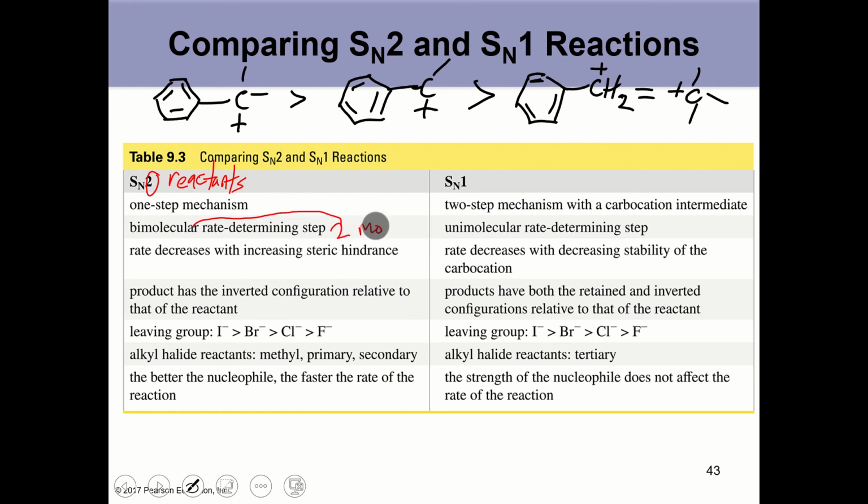Two molecules matter in the rate determining step. The rate decreases with increasing steric hindrance for an SN2 reaction.